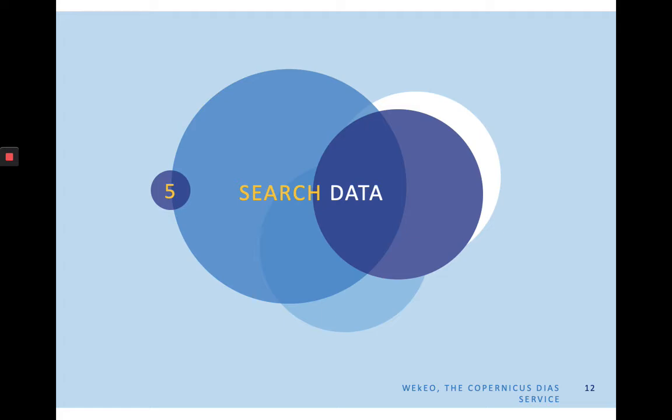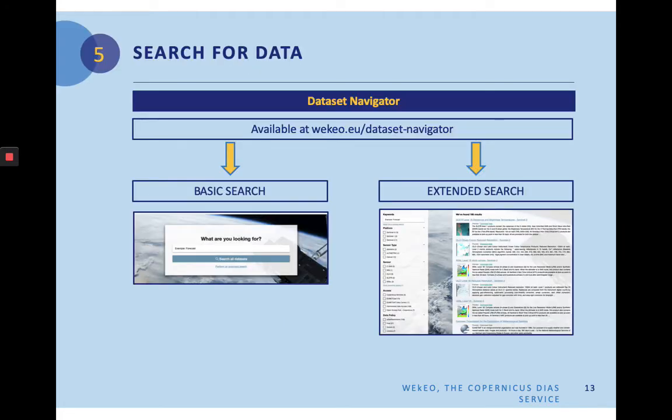Once you have registered as an essential user of Wekeo, the next steps are related to search and download data. Let's see first how to search for data. The tool used in Wekeo to browse datasets is called Dataset Navigator. You can do a basic search by typing in a box the data of your interest, or an extended search by selecting the parameters available on this list.